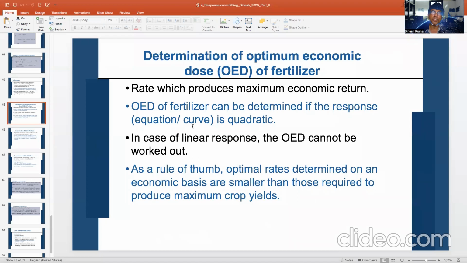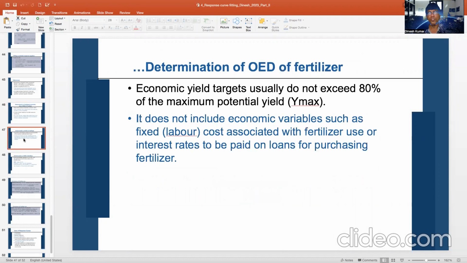The economic levels may be much lower than the levels which give you maximum yields. Normally those levels are 80% of the maximum level of fertilizer where you get maximum yield. So optimal rates are lower than the maximum yield rates. Economic yield targets usually do not exceed 80% of the maximum potential yield.